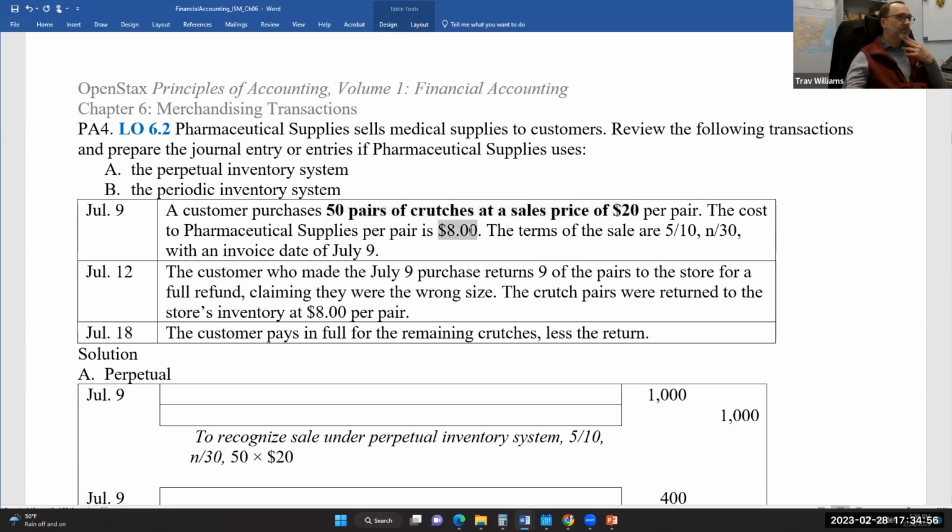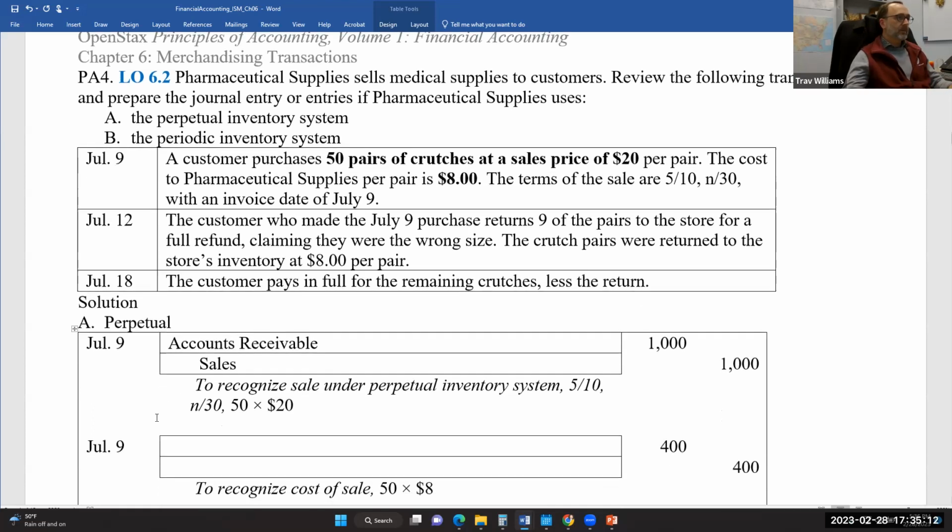We see the cost is $8 each. We see the payment terms. That tells us the customer has not paid yet. Okay, so how do we journalize this? It's an account receivable. It's a sale. We have to record cost of goods sold and merchandise inventory, right?